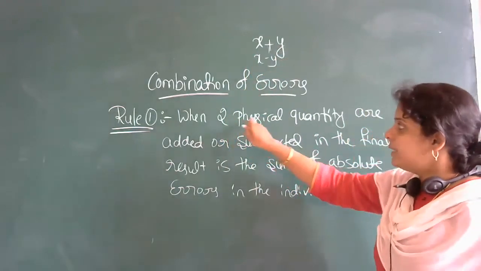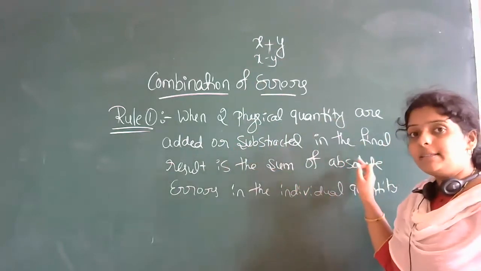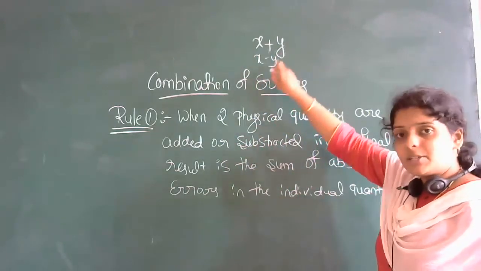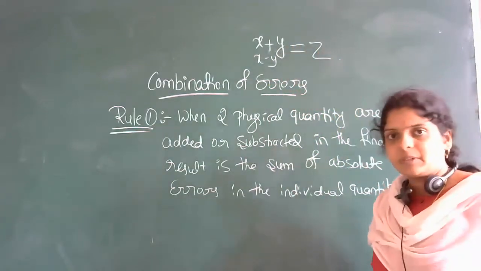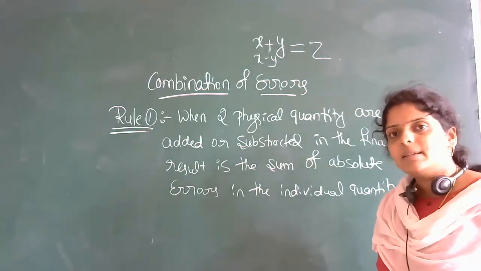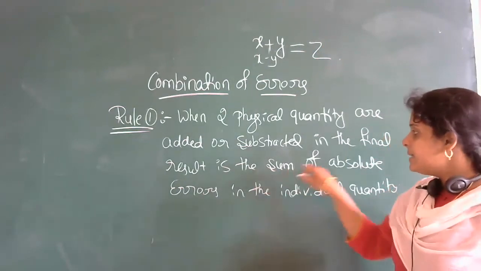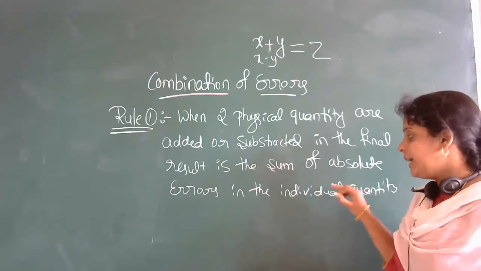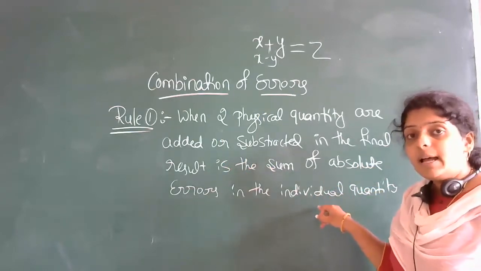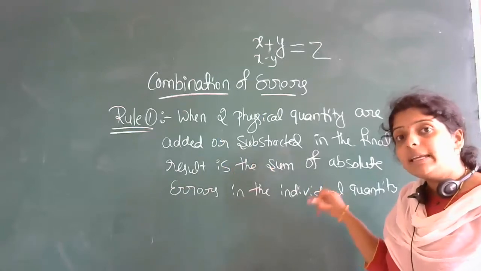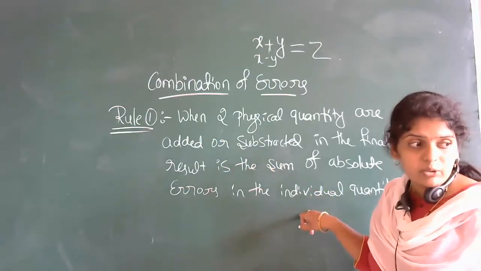The final result, I'll take it as z, is the sum of absolute errors in the individual quantities. This is the main term which you are going to understand.